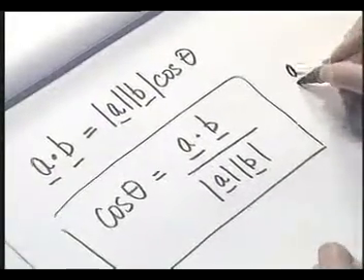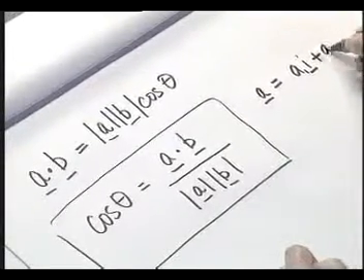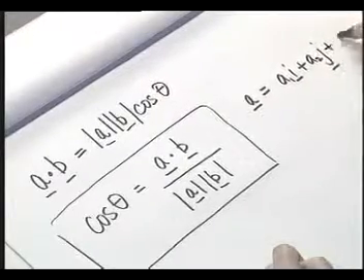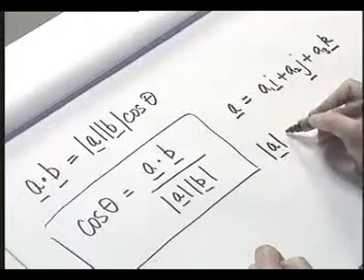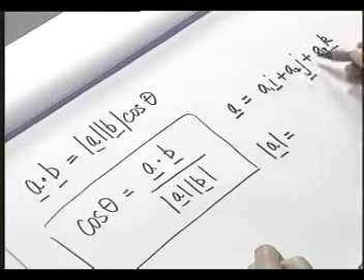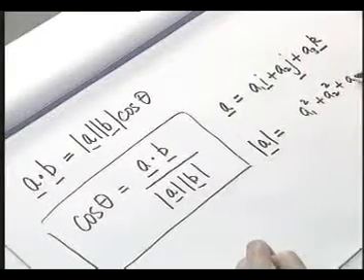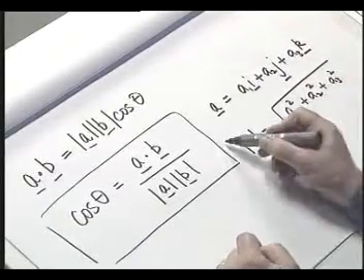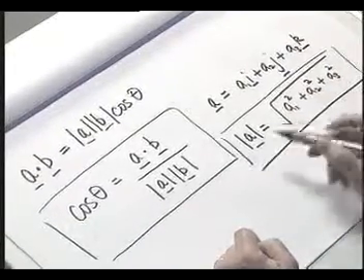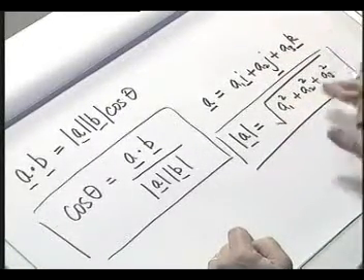If we have a vector A, which is A1i plus A2j plus A3k, then the modulus of this vector is found by squaring the individual components, adding them, and finally taking the square root of the result. So this is the formula that we're going to use for finding the modulus of a vector in Cartesian form. And this has been covered in an earlier year unit if you need to look back at that.